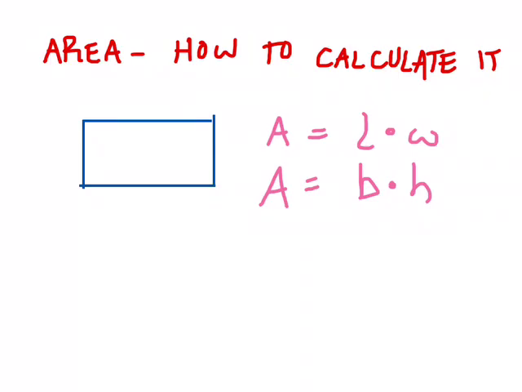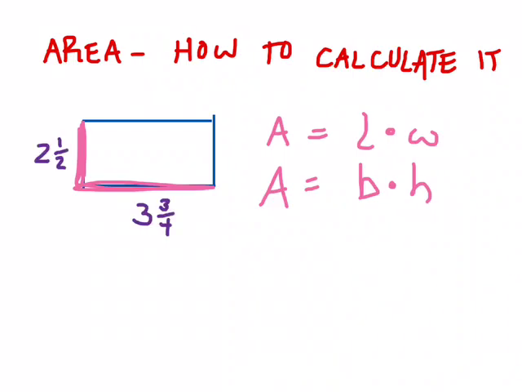Those are basically just the two aspects of the rectangle. One of the sides is going to be the base, one's going to be the height, or one will be the length and one will be the width. And we're just going to multiply those two things together. That'll give us the area of a rectangle.